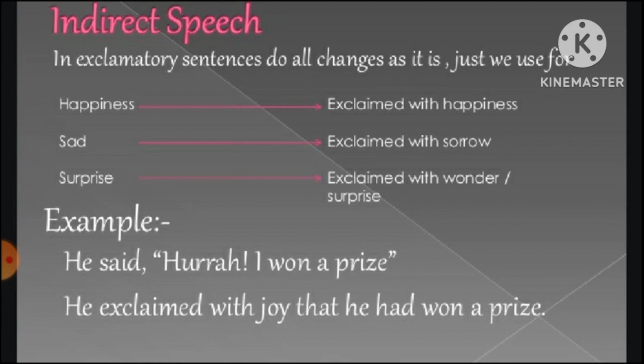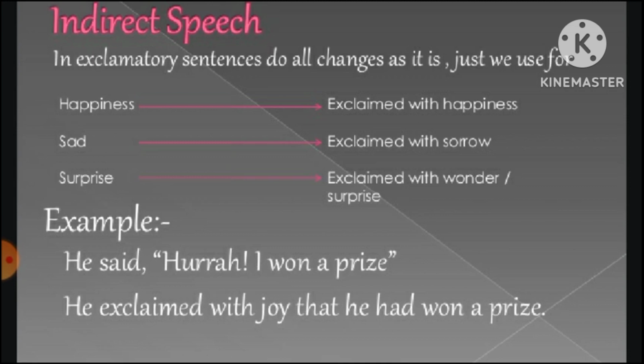So here in this sentence, the reporting verb that is said is V2 or past simple. That's why here in the indirect speech, he had won a prize, in the past perfect tense. So in this way he said, "Hurrah, I won a prize" is the direct speech, and its indirect speech becomes he exclaimed with joy that he had won a prize.